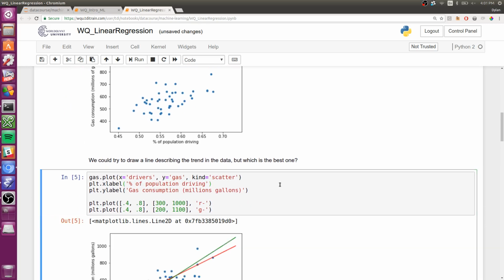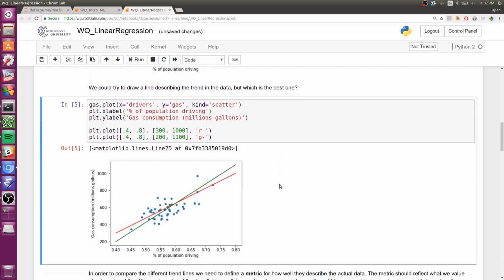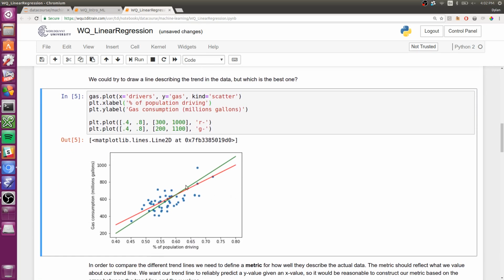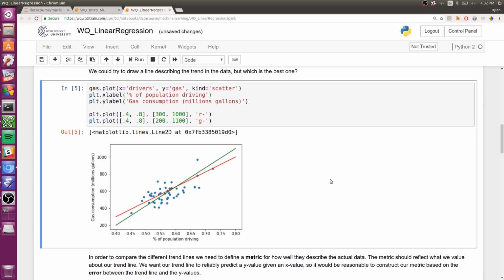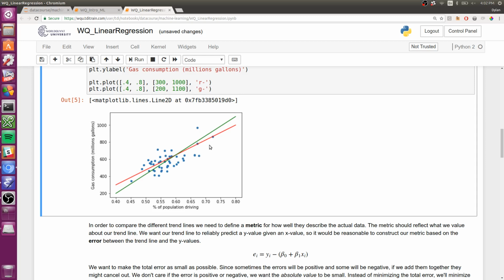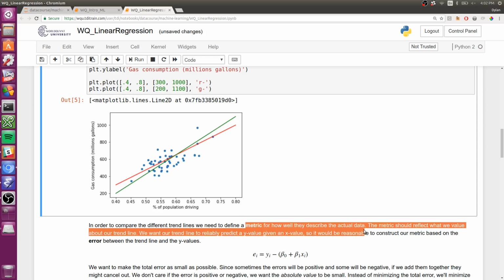So we can imagine drawing some lines through this cloud of points. We have two here, this green line and the red line. And then we would ask ourselves which line describes the data best. And in order to decide between these two lines, as I mentioned earlier, we need to define a metric for how well they describe the data.